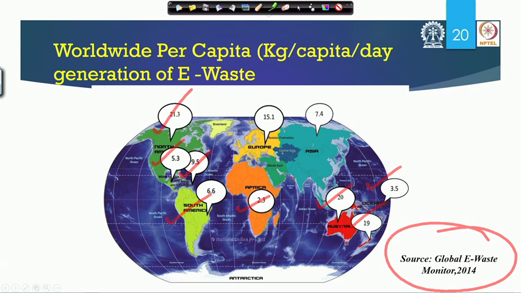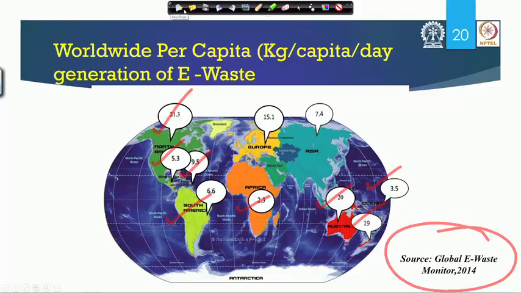So what is the take home message from this global map? It's saying that some of the major e-waste producing countries are the US, Canada, most of the European Union, Australia, and New Zealand. They are the countries which are producing a lot of e-waste.